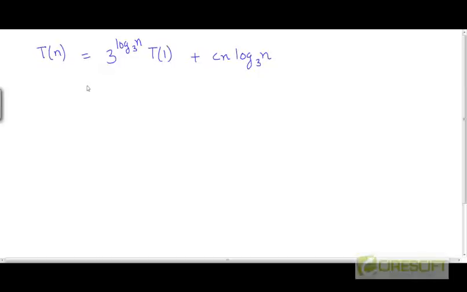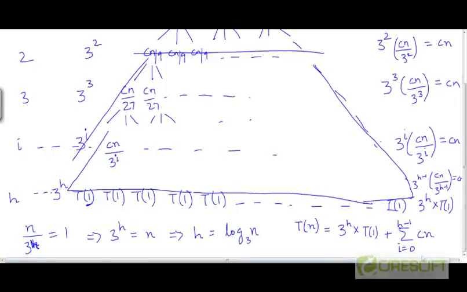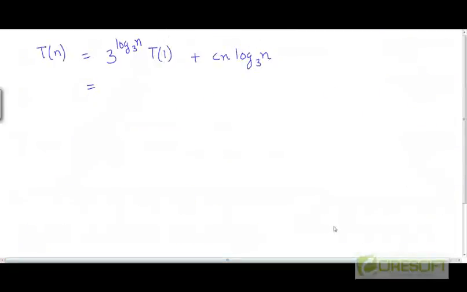Now we can simplify this expression. 3 to the power log of n base 3 is nothing but n. Right? 3 to the power log of n base 3 is simply n. So n multiplied by T of 1 plus cn multiplied by log of n base 3.